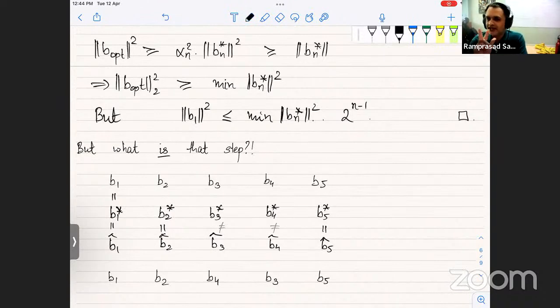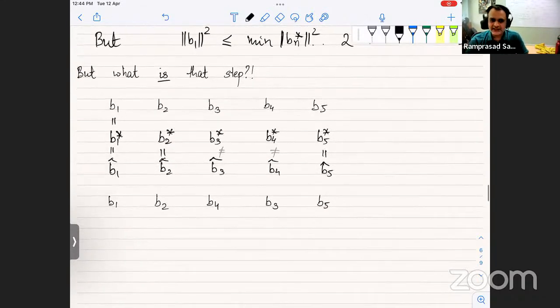So if you swap i and i plus 1, the only thing that happens is that the ith Gram-Schmidt vector and the i plus 1 Gram-Schmidt vector will change. But the rest of the vectors turn out to be the same. Now that we know it changes, we can ask precisely what this new vector is.